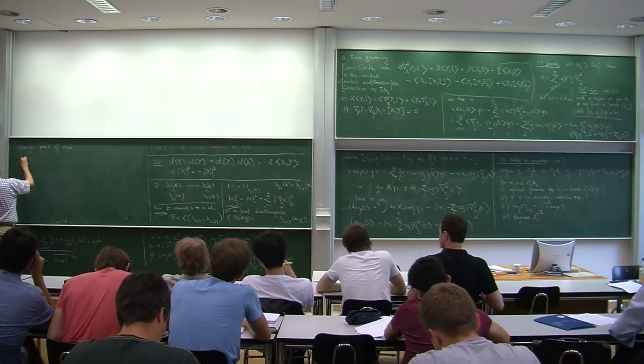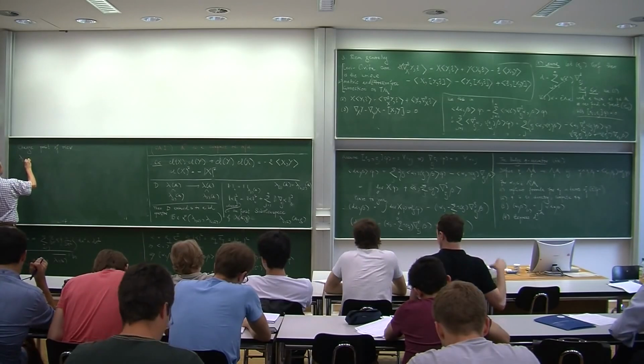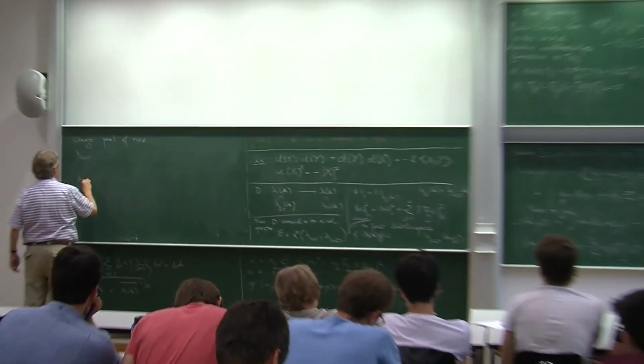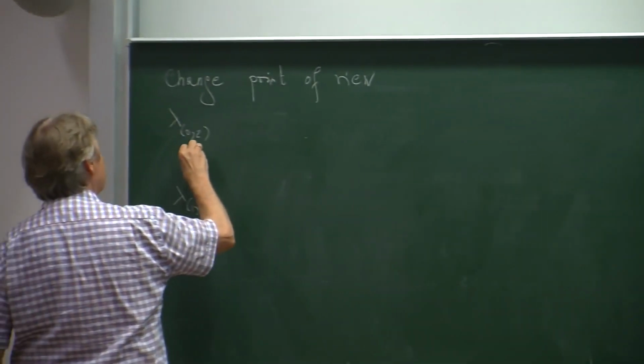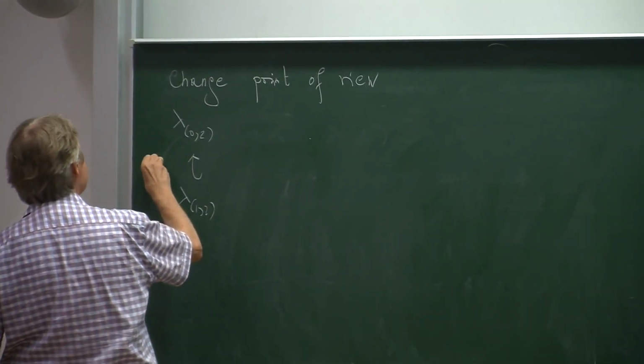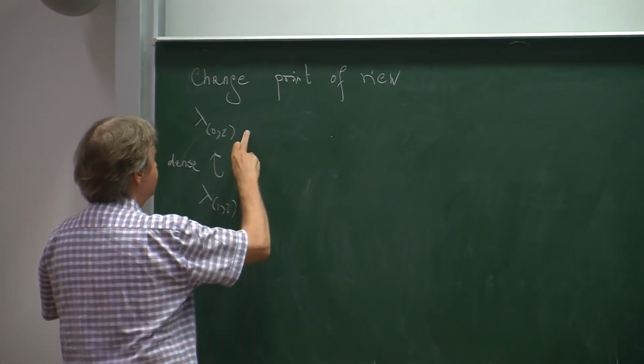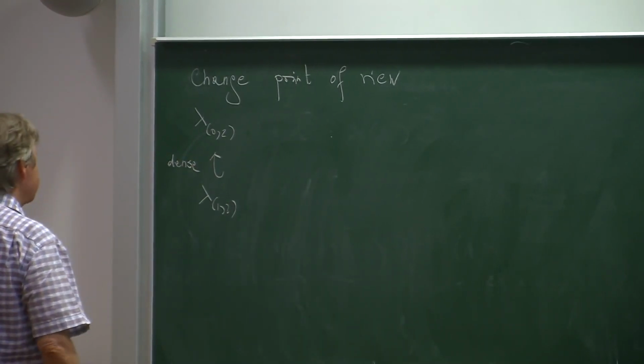So here we have the space lambda 2, and here we have the space lambda 1, or lambda 0, lambda 1. This one is sitting here, and it's dense, because lambda is dense here and dense here, with different norms.